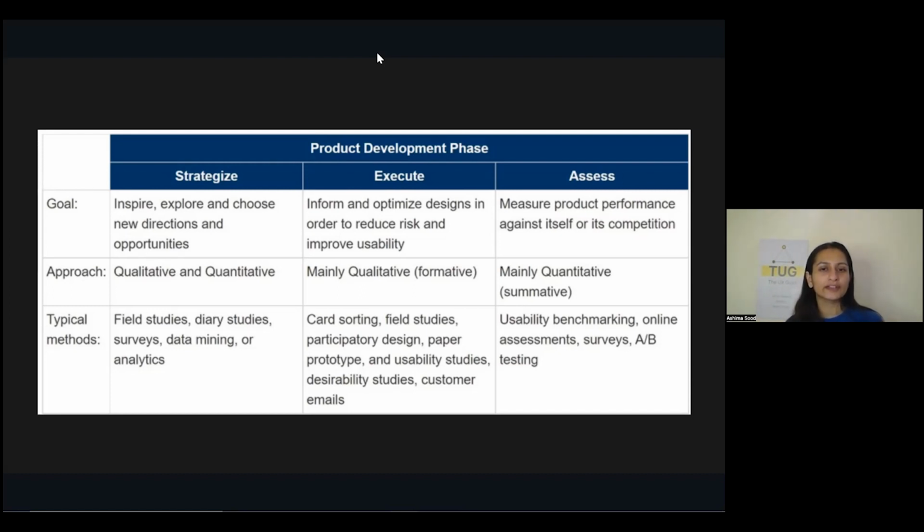Now, again, without leading them, if it is A versus B, you want to be able to put these options out there for them to pick. So you really want to be careful about interviews. You want to make the user feel comfortable. And most of the time there's a device recording them, which also tends to put people on the spot.